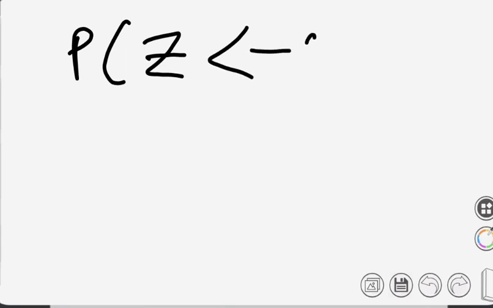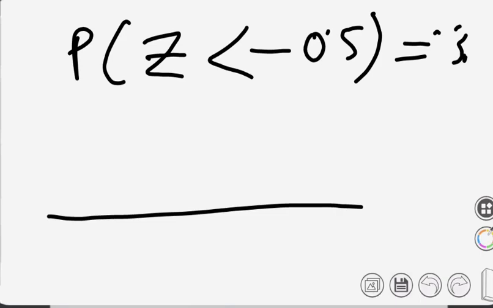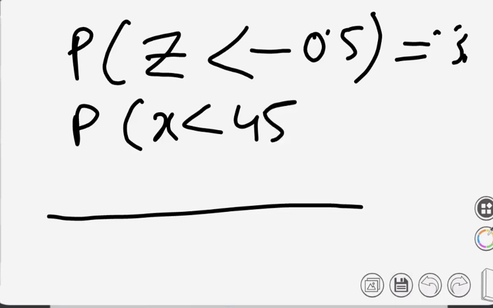So that means probability Z less than minus 0.5. That's what you have said, na? is equals to 0.31, which is same as probability x less than কত ছিল জানো? 45 না কত? 45. 45 is equals to 0.31.